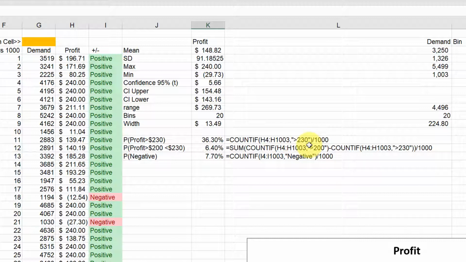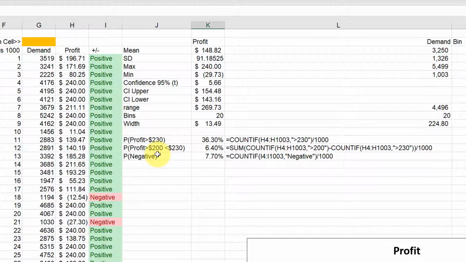And here I wanted the test to see if whatever was in this profit cell is greater than $230. I wanted to count it, and if it was not greater than 230, to not count it. And then to get the percent, we divide that by 1,000. And that came out to be 36.3%, or the COUNTIF brought back 363 places or outputs where the profit was greater than 230. So we'd have a 36% chance of making more than $230.